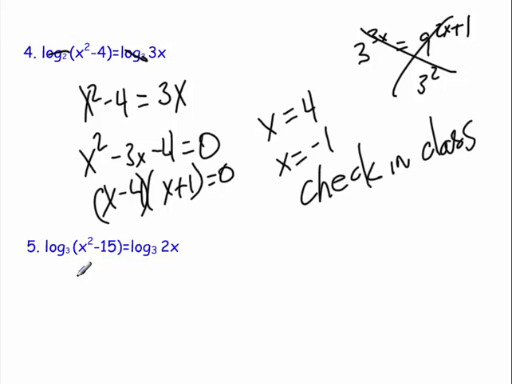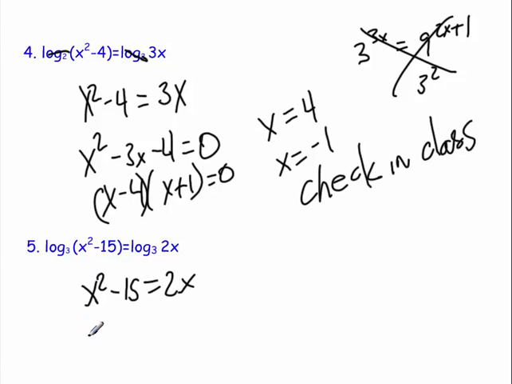Do number 5, pause the video, do number 5, and then push resume, and we will be done with this. Again, I have log base 3 and log base 3. That's all I have, so those will cancel off. I'm left with x squared minus 15 equals 2x.